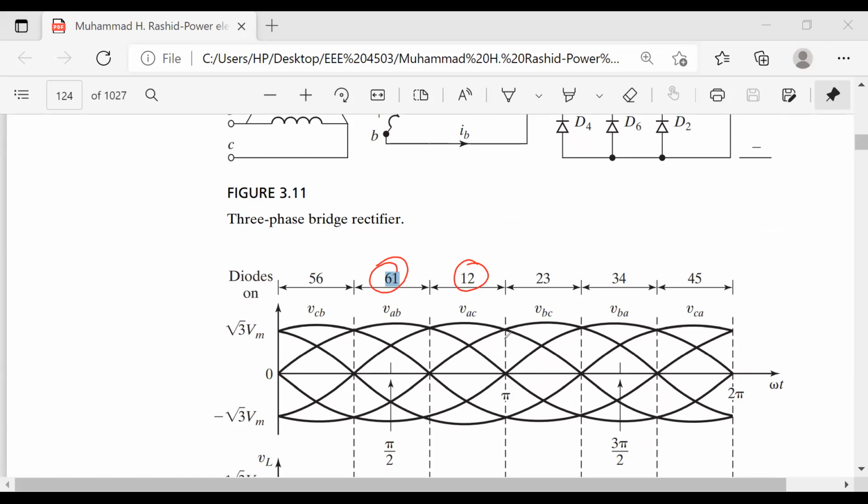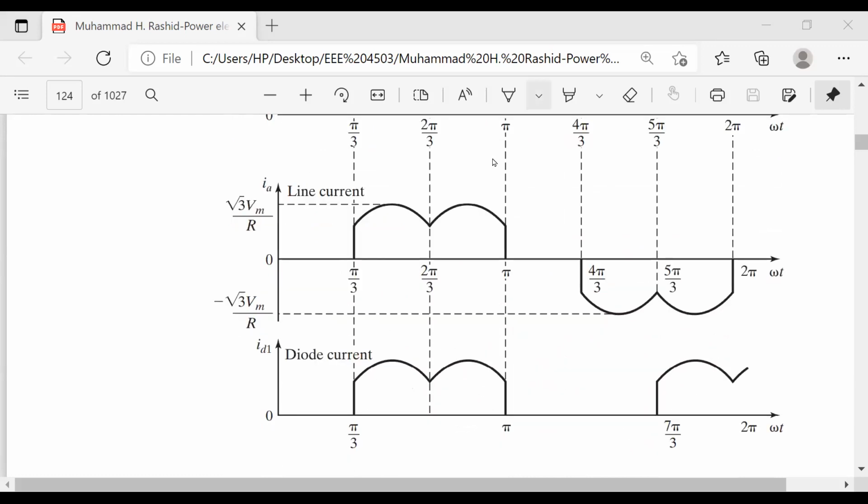And then it will be repeated in the next cycle. So that is why they mentioned that diode current will be like this. We have already seen that diode current starts from here. We did not consider this current. So that is your this phase. Here the diode D1 will be conducting also. So that is your diode current.